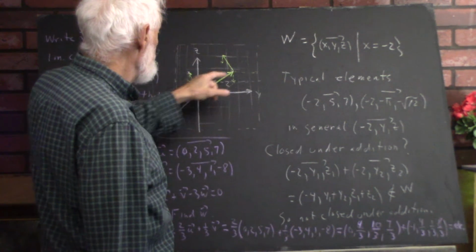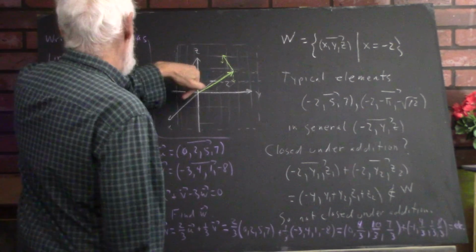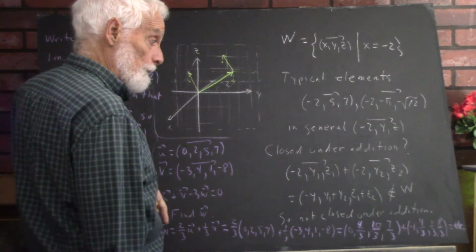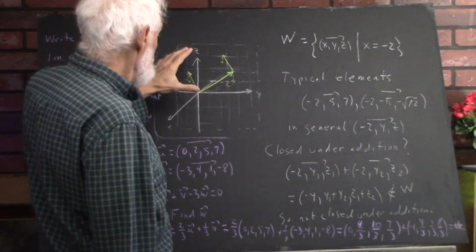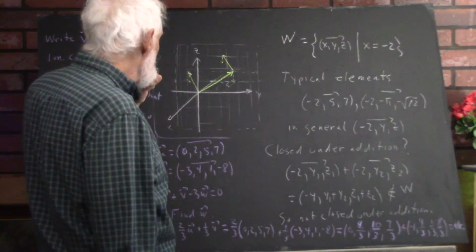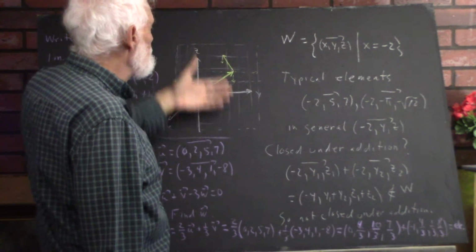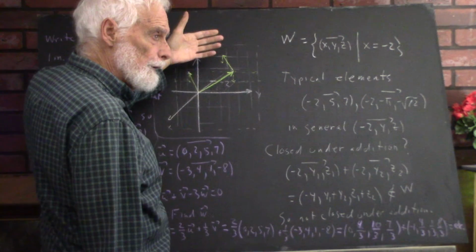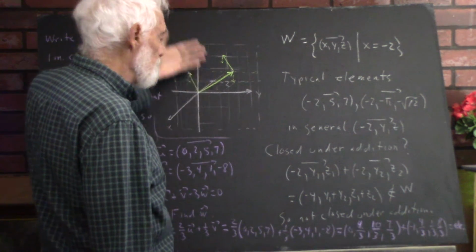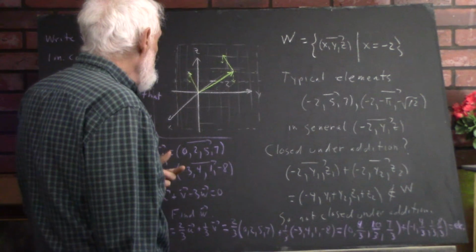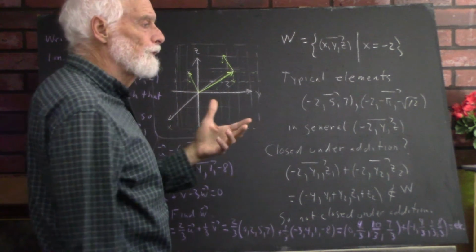If I multiply this vector by a negative number, it's going to bring it out on this side of the yz plane. So clearly, the set of vectors that go to this plane, and that set could be represented by this plane, they don't form a subspace.